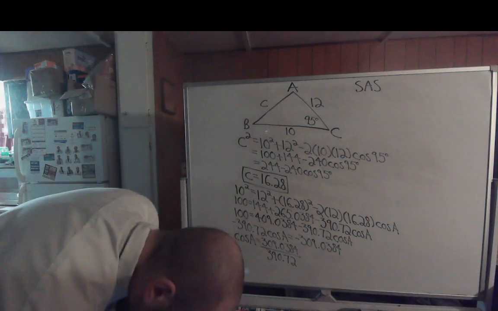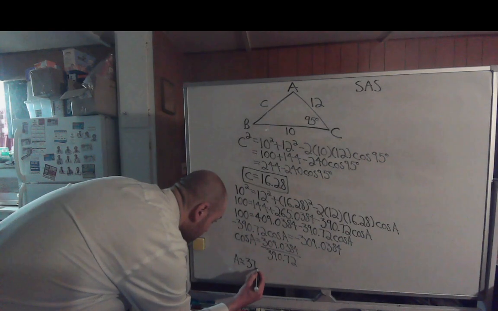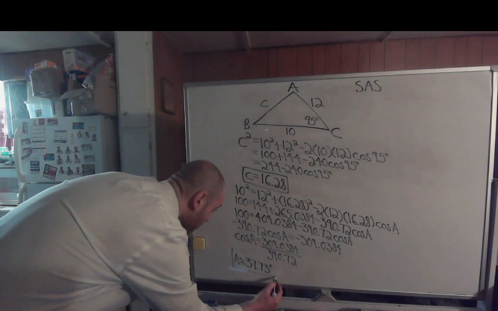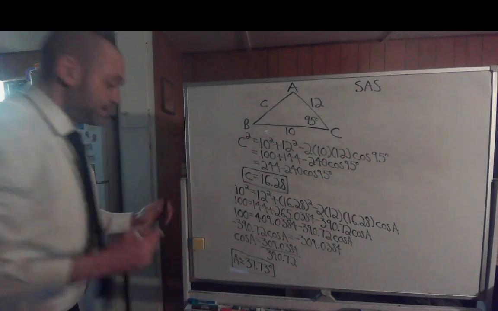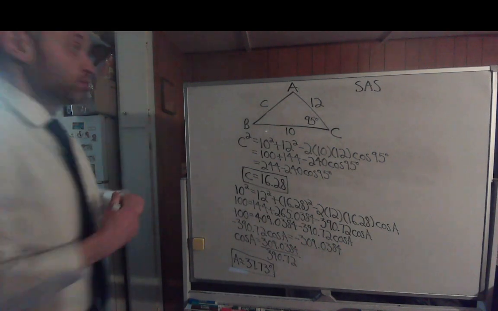Get about 37.73. So you get angle A is approximately 37.73 degrees. Now we know C and A both, we can solve for angle B.